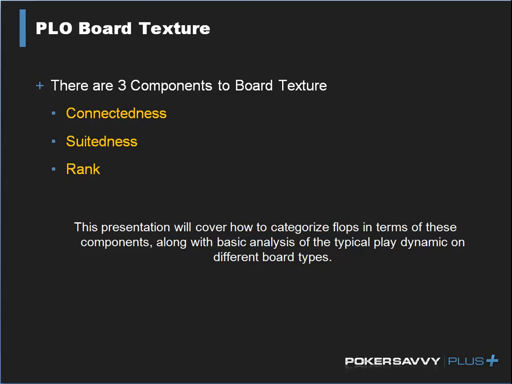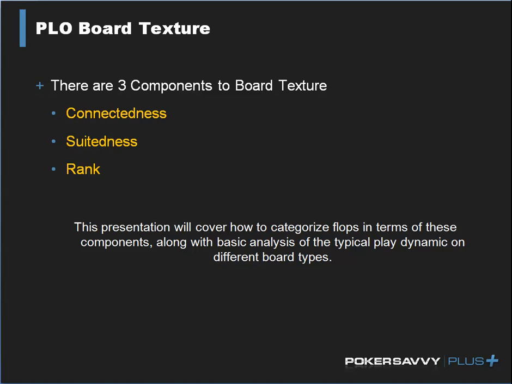There's a bunch of different types of board textures in terms of what straight draws are possible. There's quite a few categories, 7 different straight-free board categories, 9 different types of boards where a straight is possible.